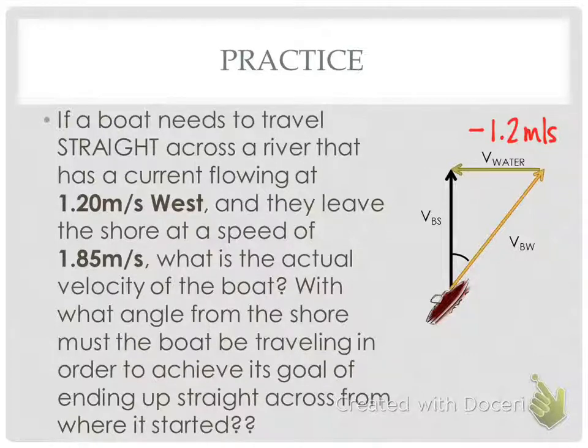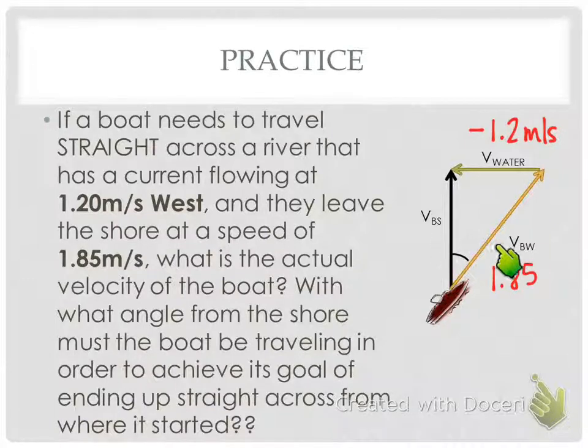So where does the 1.85 go? Which side of our triangle here does it go toward? The hypotenuse side or this side right here? The hypotenuse side. Very good. Okay, and it goes there because our overall goal is to end up straight across from where we started.